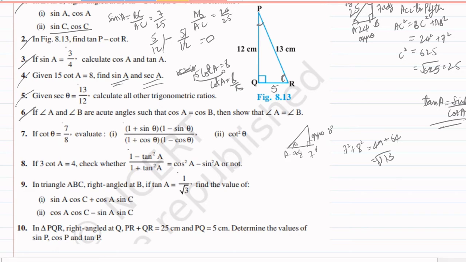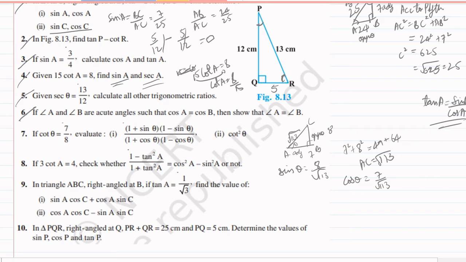So let's name it ABC. AC will be root 113. So our sin theta will be 8 by root 113 and cos theta will be 7 by root 113.